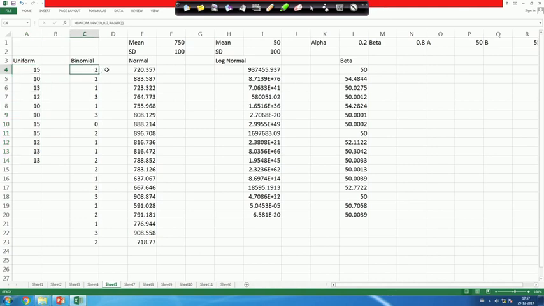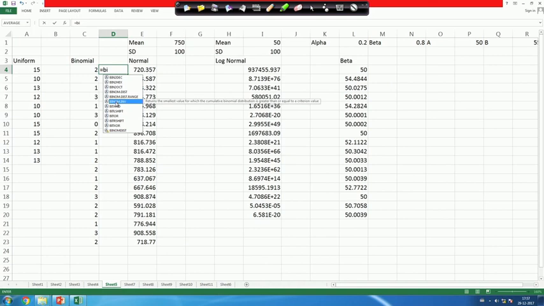We have already discussed the binomial distribution. Now I am connecting the binomial distribution here. Start with the equal to sign, then put the binomial command. Earlier we used the binomial distribution, but in the case of sampling distribution you put binomial inverse.